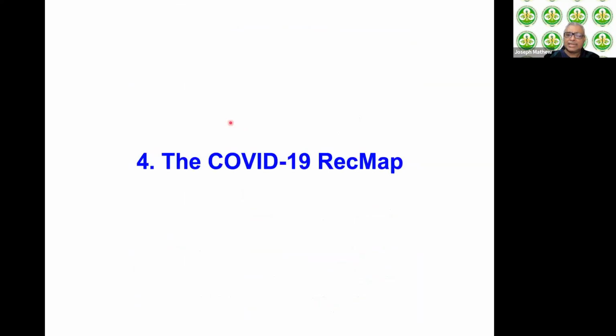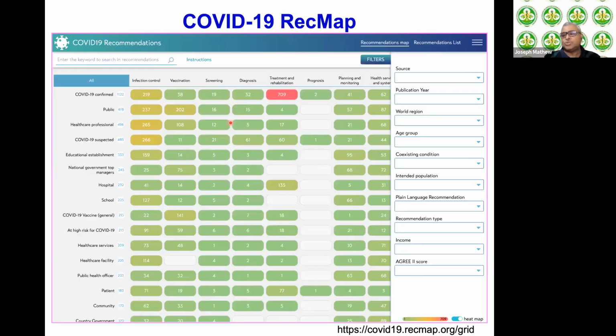So it was in that kind of a setting that the RecMap that Holger talked about so extensively in the last webinar came like a breath of fresh air. I'm just showing a screenshot of what the map looks like. The URL is put there right at the bottom of that slide. This RecMap has hundreds, rather thousands, of recommendations pulled out from guidelines which have been completely appraised by a team.